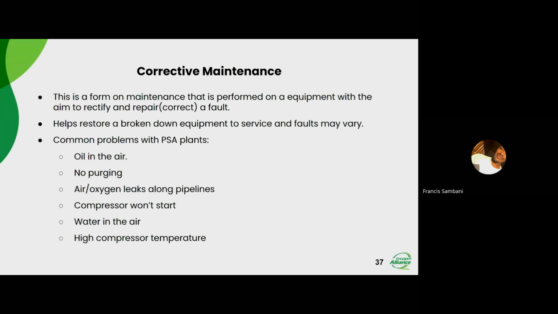And then you might have water in the air going to the PSA generator. If you have water in your air, that might point to the air dryer. Is your air dryer effective? Is it performing within the right temperature? Check the temperature gauge of the air dryer, if it's within its optimum operation range.